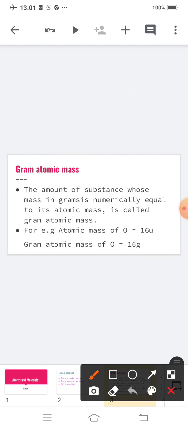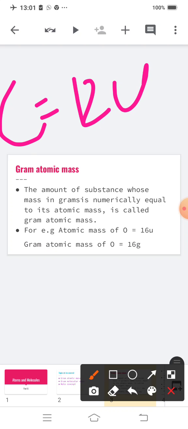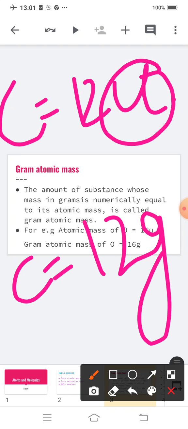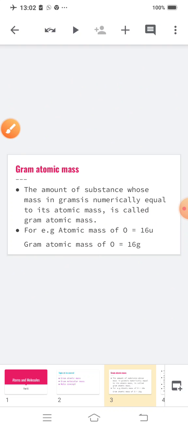If I ask about carbon, atomic mass of carbon, C, is equal to 12 u. Similarly, if I ask you the gram atomic mass of carbon, you will just replace this u with g. So C is equal to 12 g. Basically, in simple language, atomic mass in grams is the gram atomic mass.